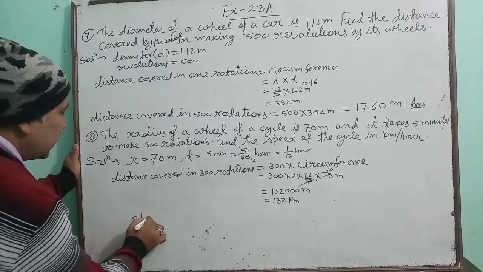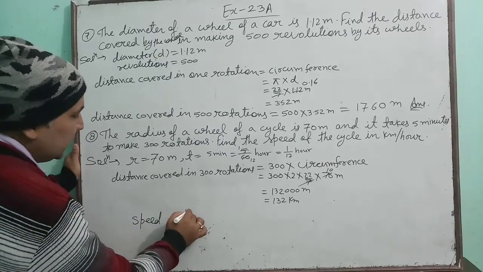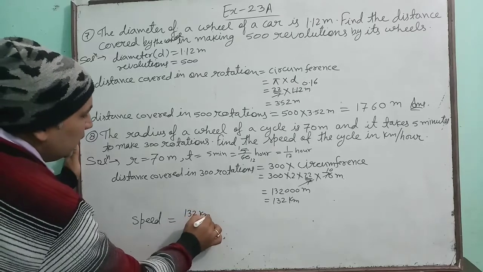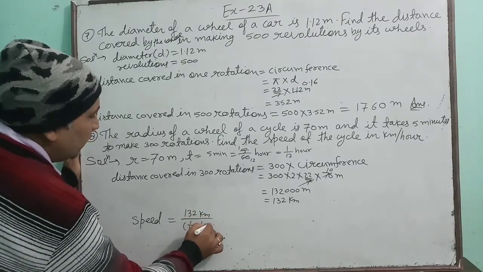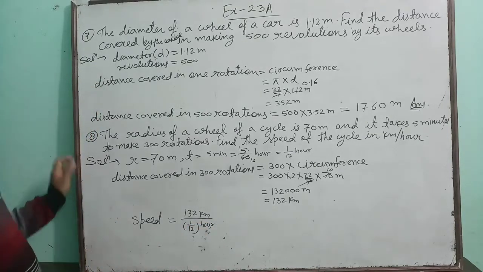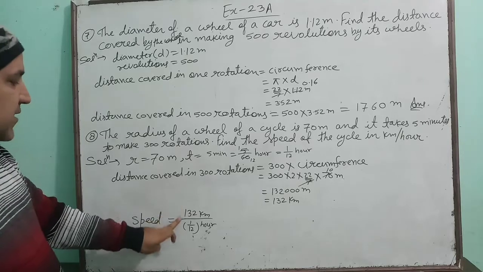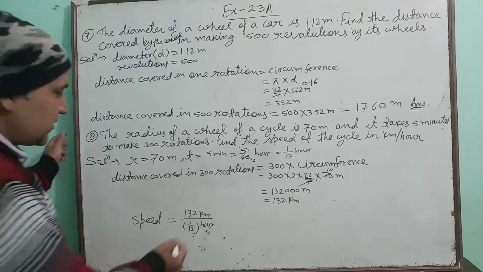We can find the speed. Speed is equal to distance upon time. Now solve it and get your answer.